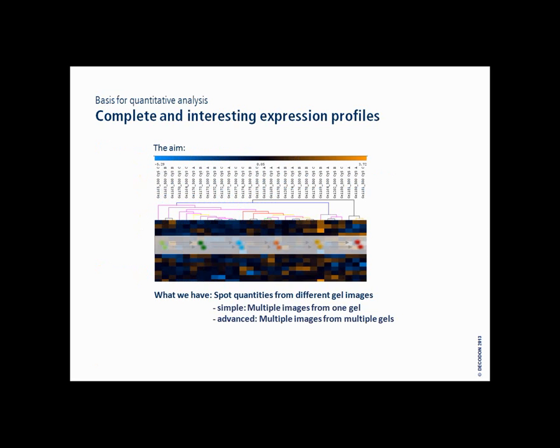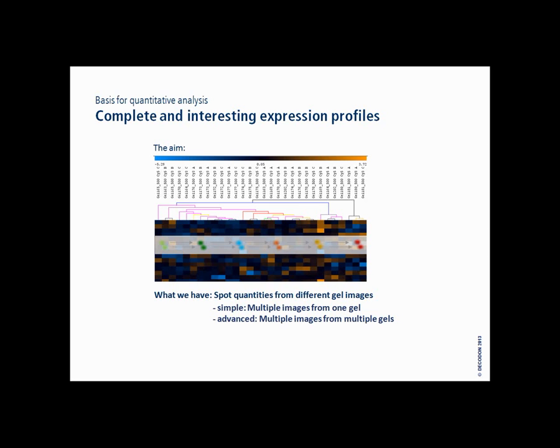What we are interested in is complete and interesting expression profiles. So the basis for quantitative analysis is to have complete expression profiles. Complete means we have a certain protein quantity across all the different gels and images that we have.